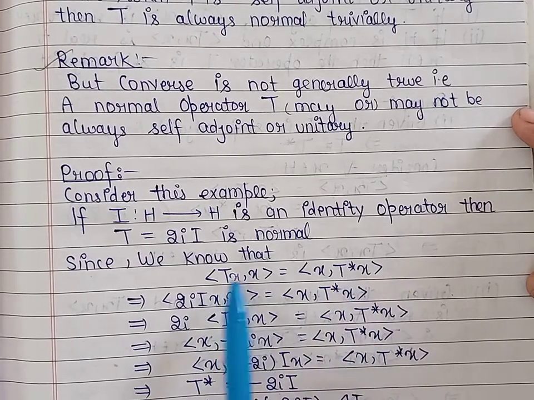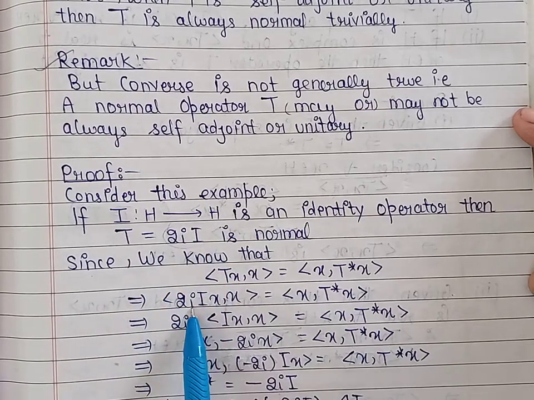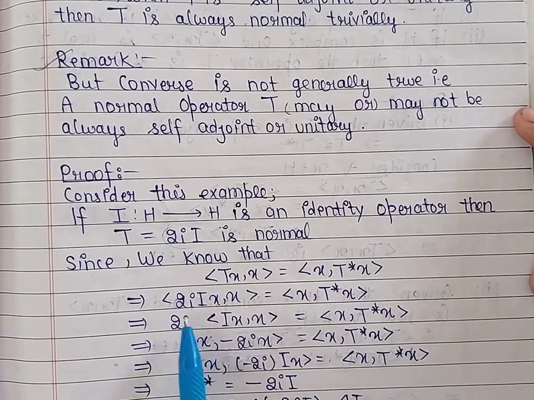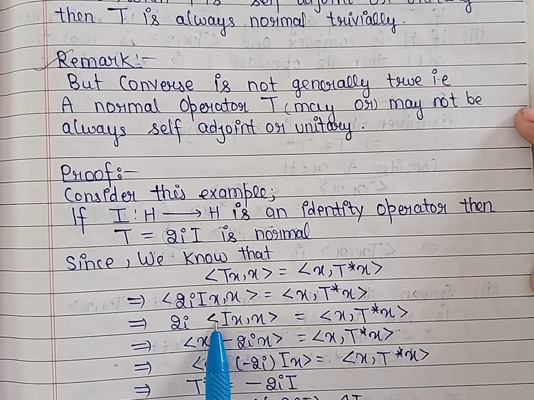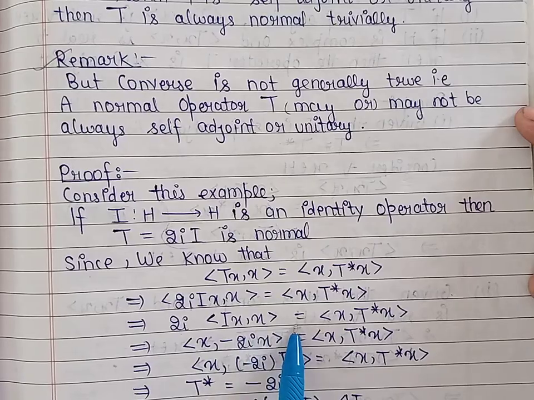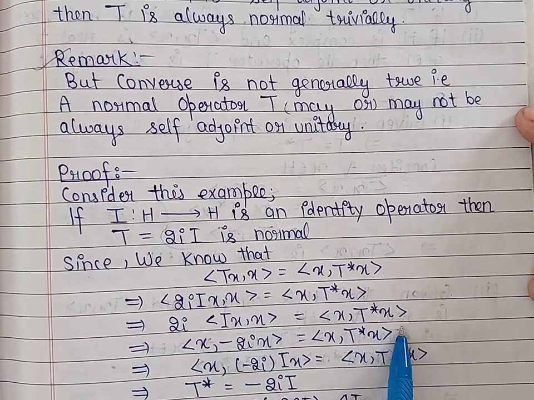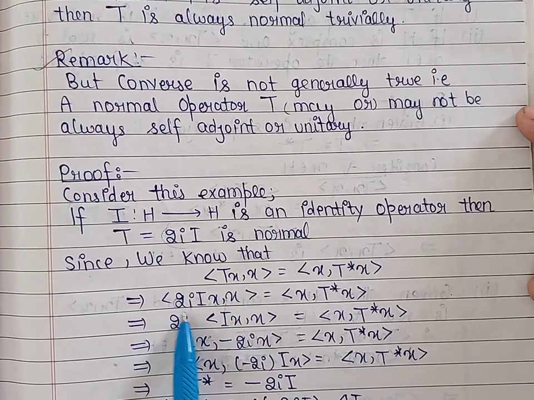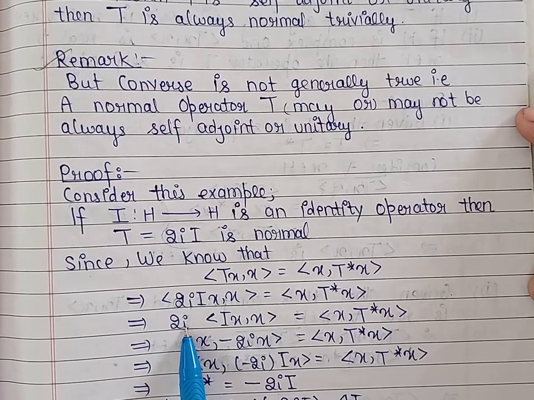Now, substituting the value of operator T as 2 iota into identity, and taking 2 iota outside from the first argument, we get the inner product of Ix with x is equal to the inner product of x with T star x. Now, we can take this scalar in the second argument, so that will become conjugate. The conjugate of iota is minus iota.